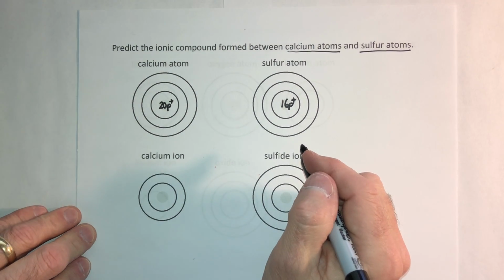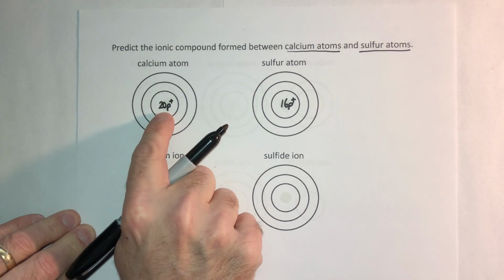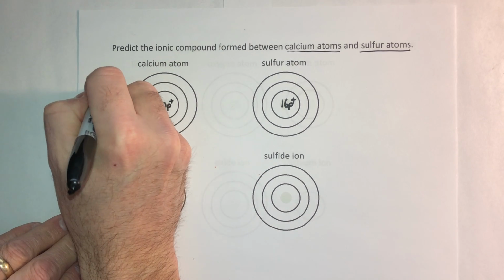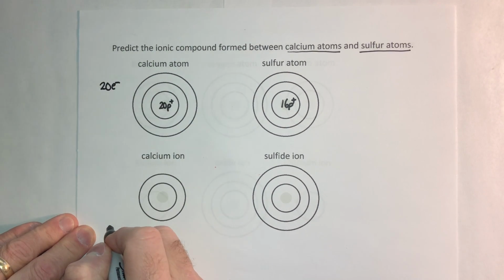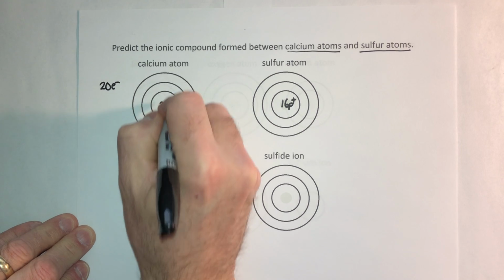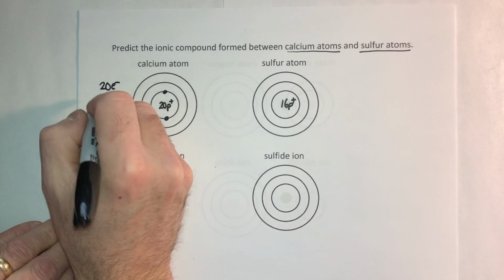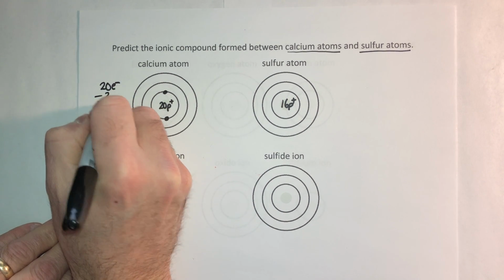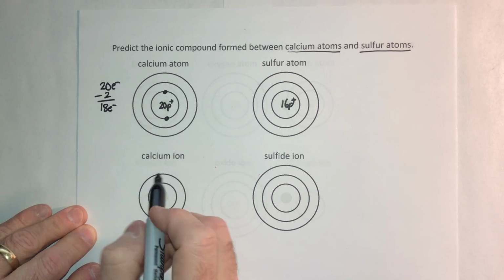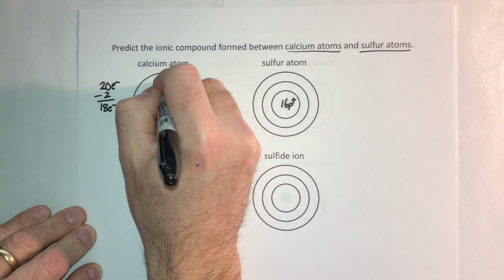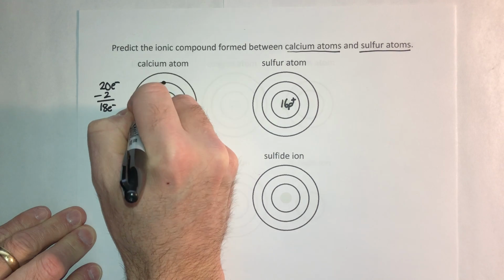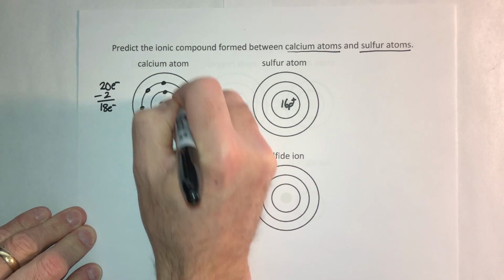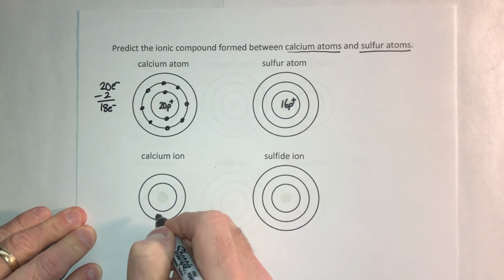Now in the world of atoms, you are electrically neutral. So if you've got 20 protons, that means you have 20 electrons. 2 go in the first ring. So that's 2, leaves you at 18. 8 go in the next ring. 1, 2, 3, 4, 5, 6, 7, 8.